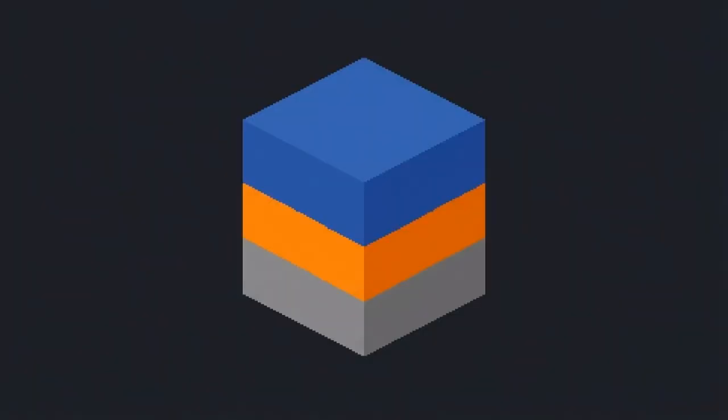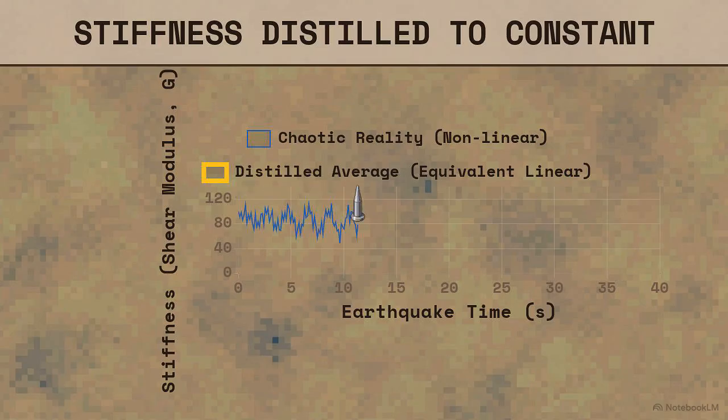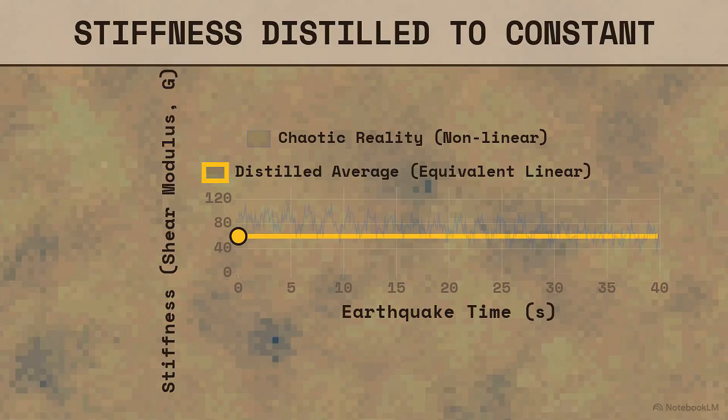Instead, the algorithm provides an equivalent linear approximation, a single static set of properties for each soil layer. This result represents the mathematical average of how the soil behaves for the entire duration of that specific earthquake. The chaotic, fluctuating reality of the event is distilled into a single, reliable value.